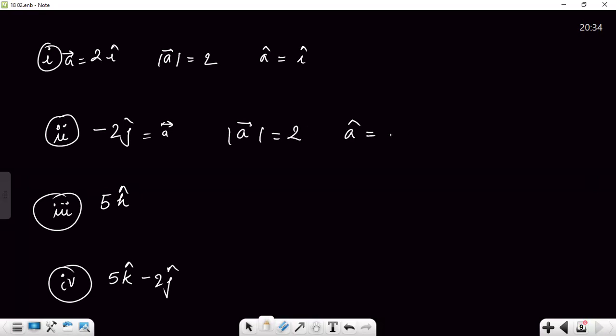Its direction is minus j cap. Minus j cap means we are going in the minus y axis. If this is A vector, then now Guru Charan, please tell me what is its magnitude? What is its magnitude, Guru Charan?